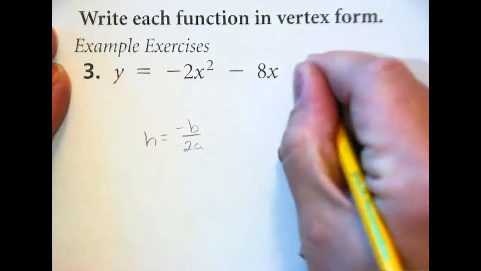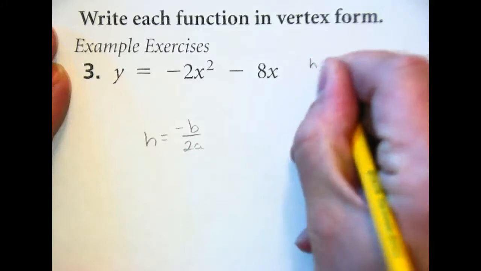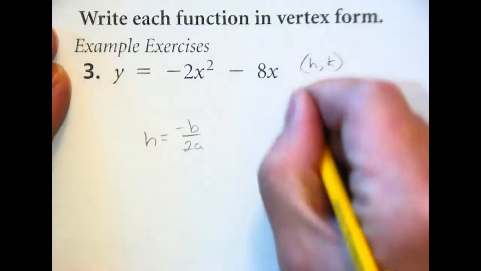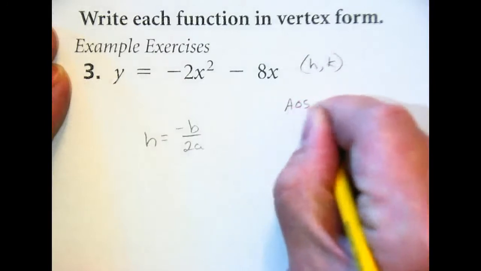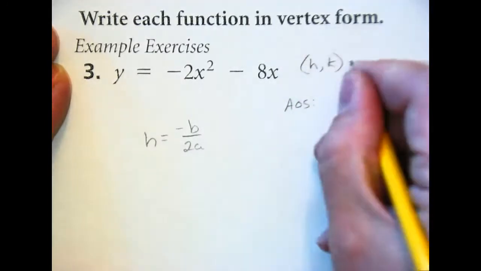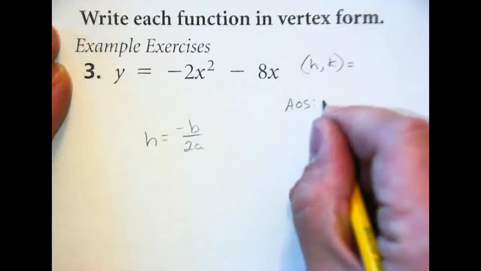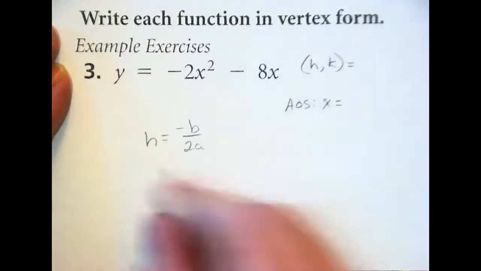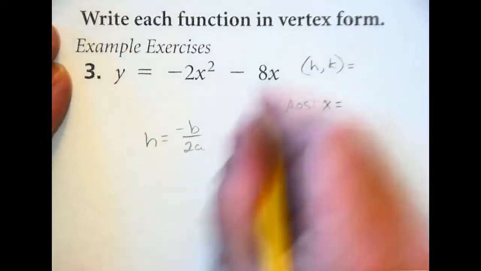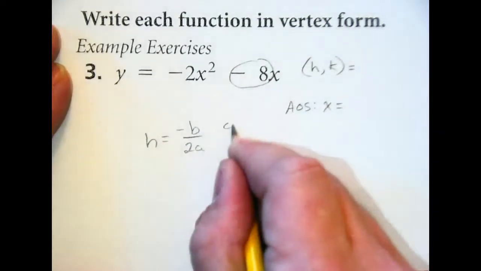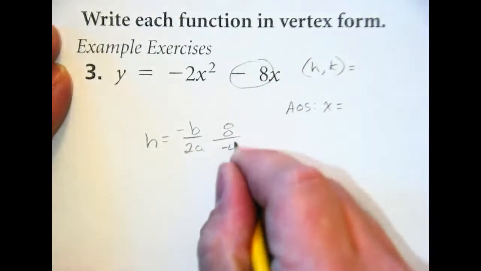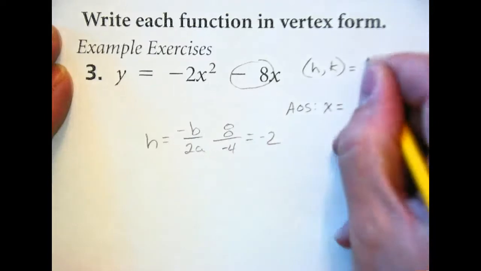Okay, to write in vertex form, we need to know h, we need to know k, which are the vertex, and we need to know the axis of symmetry. So in this case, our h value, opposite of b over 2a, this is b. So we get 8 over -4 or -2.